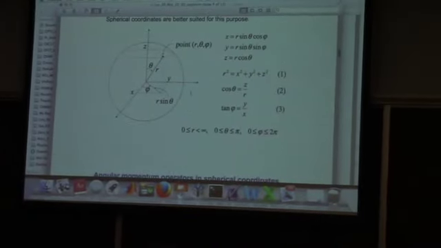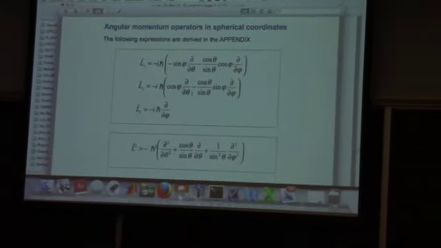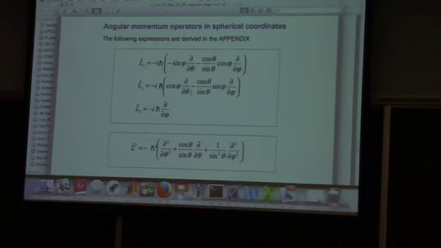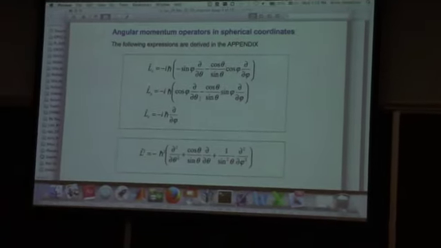So let me just quickly review that. It will be useful for us to be familiar with the operators. Where do we start?